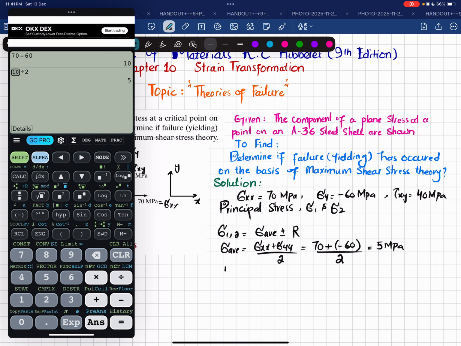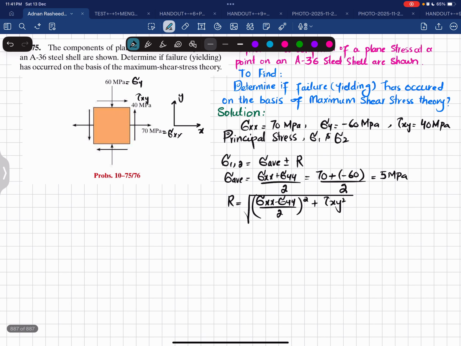And what is R? I can write that R is equal to the square root of sigma xx minus sigma yy divided by 2, whole square, plus tau of xy whole square. Okay, so just put in the values. We have R equal to the square root of 70 minus minus 60 divided by 2, whole square, plus tau of xy, which is 40, whole square.